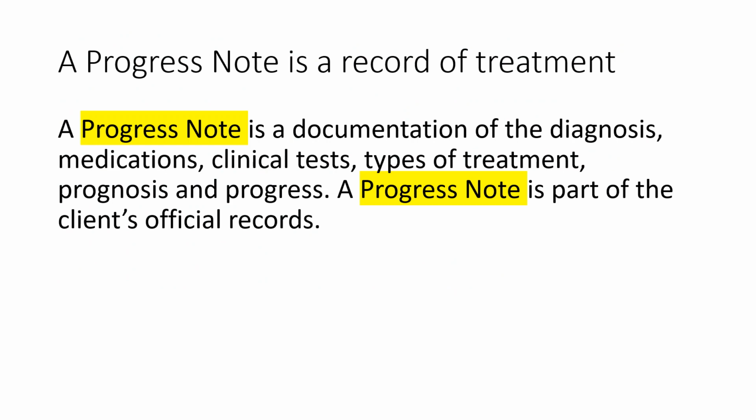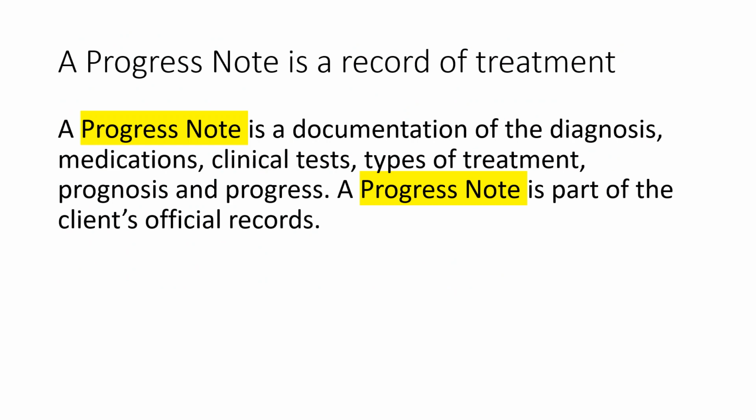So let's look at the other type of note, the progress note. That is the record of treatment. That is what stays in the client's file. The client has access to this. Insurance companies can have access to this for billing purposes. We'll talk more about who has access to progress notes.